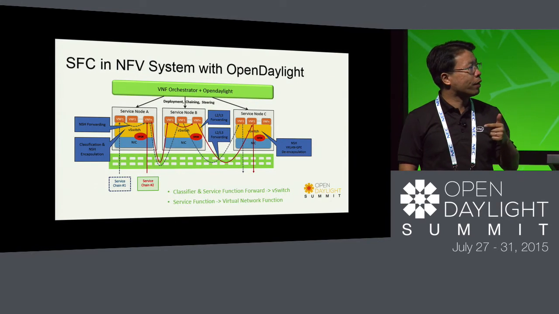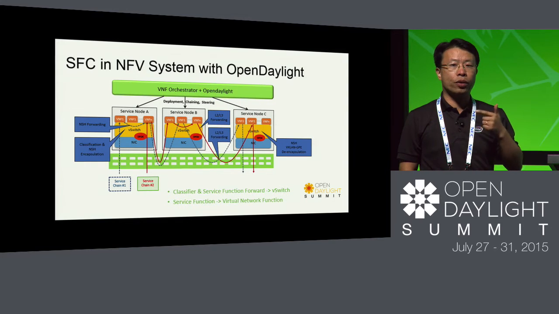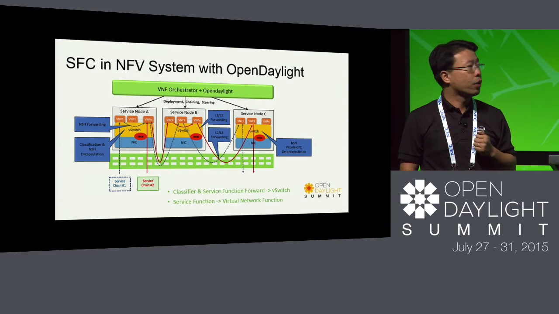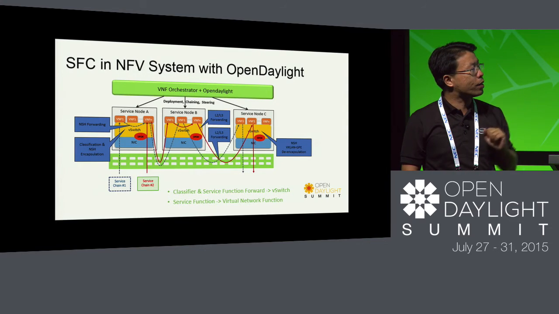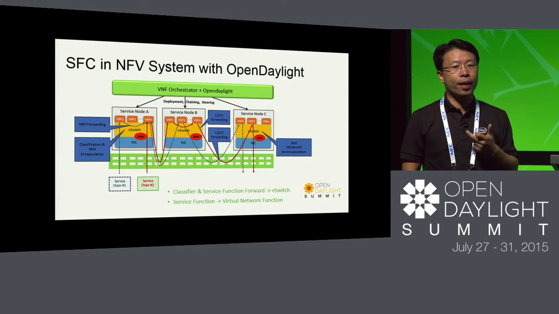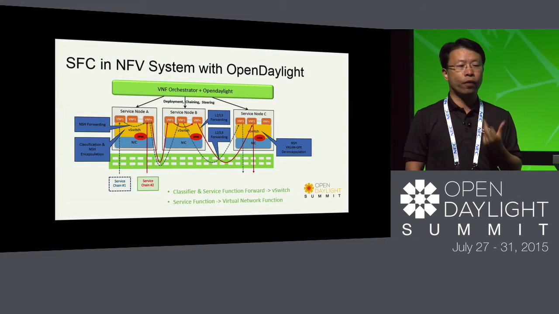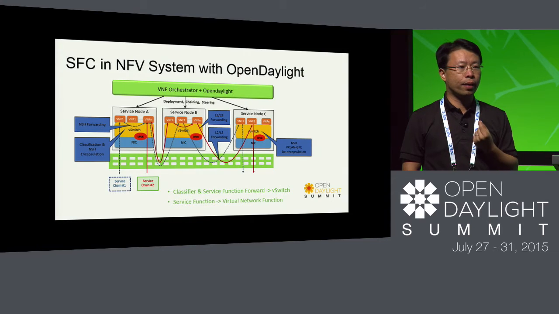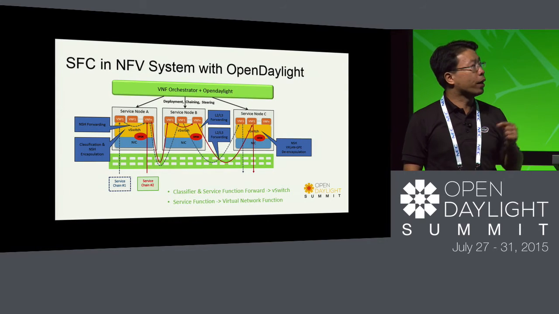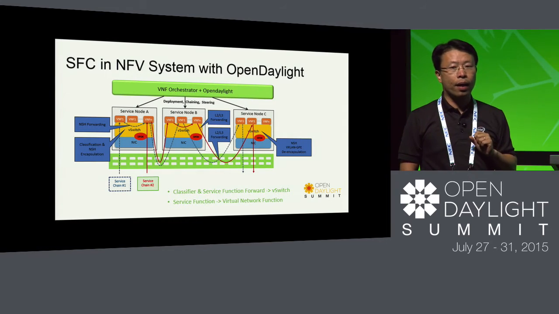On this service node, it also runs a virtual switch and also runs a bunch of VNFs. So the vSwitch on those servers, like service node B and service node C, acts as a service function chain forwarder, which passes the packet with the NSH header and steers traffic to individual VNFs.